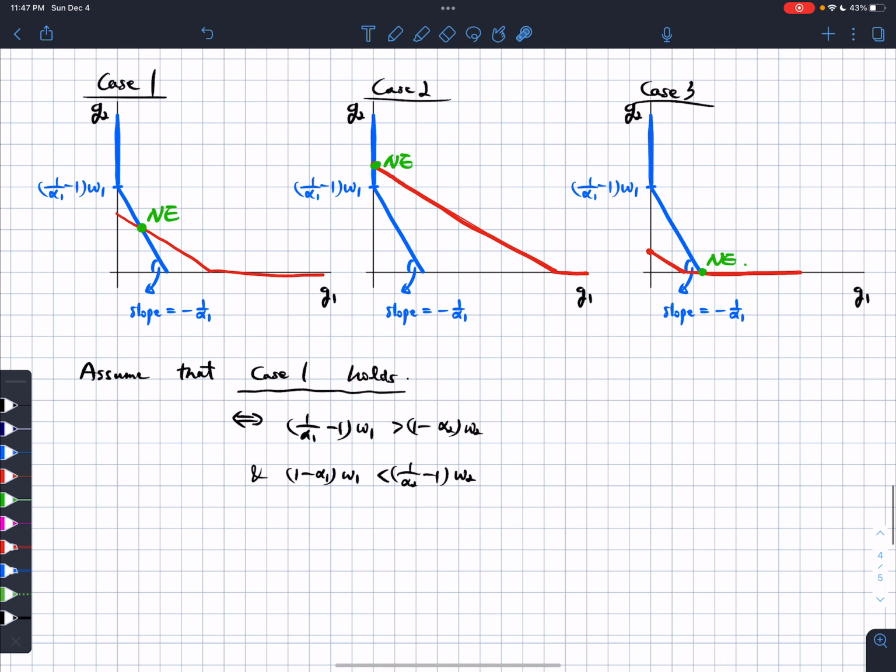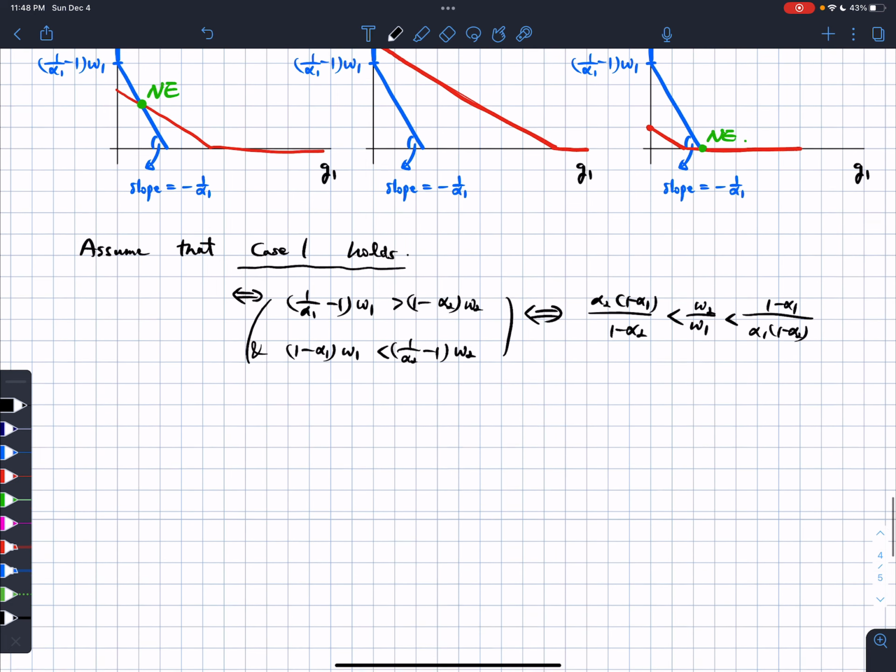Okay, so you will see that this is indeed true when case 1 holds, and if you rewrite these two inequalities, what you have is this.